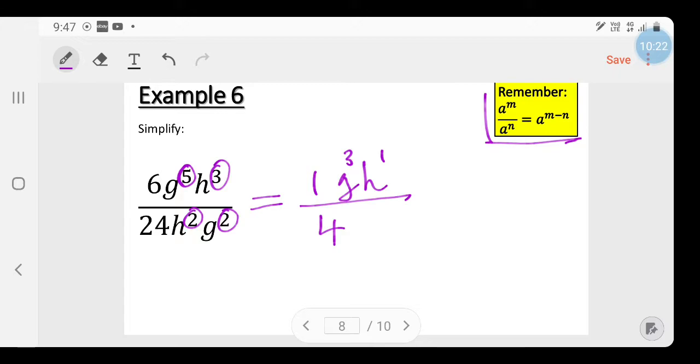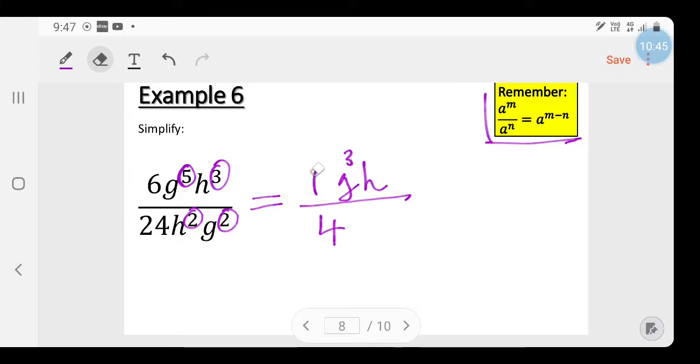Now, I'm going to change a few things because they don't follow convention. That is the correct answer, but a couple of things there look goofy. For one thing, h to the power of 1 is just h. And for another thing, 1g cubed h is the same as g cubed h.